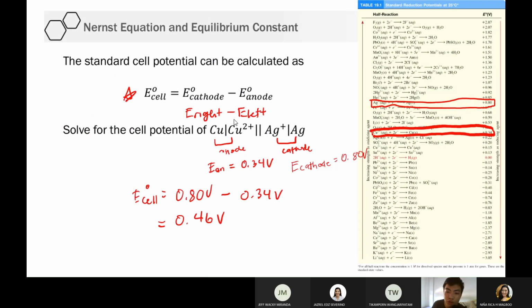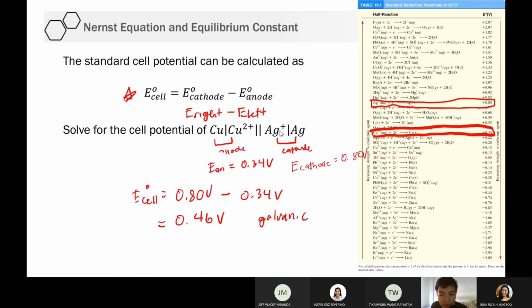That means this reaction will produce 0.46 volts, and because it is positive, we can say that this is galvanic. Galvanic because the cell potential is positive, which means it can generate electricity.